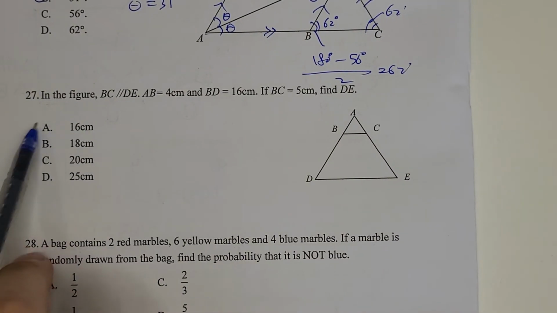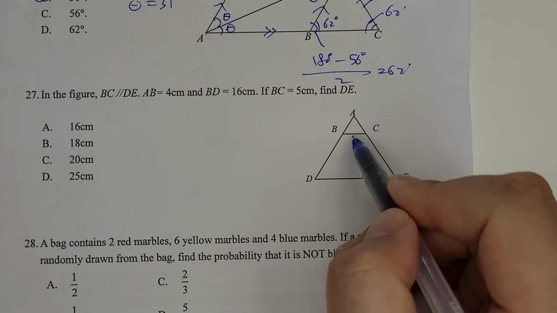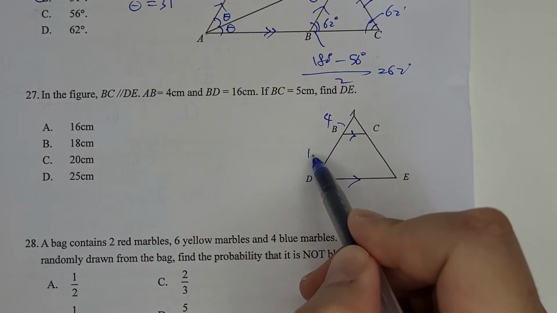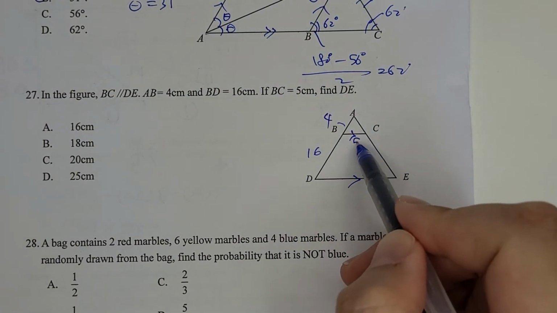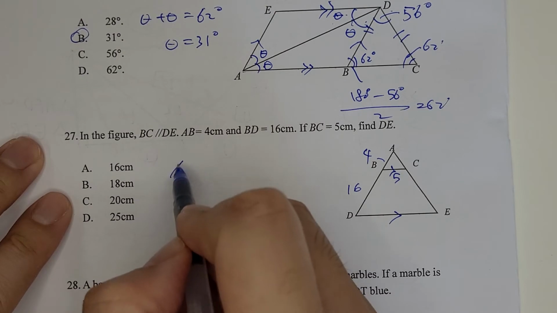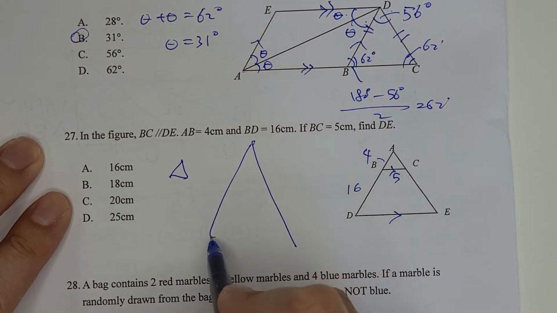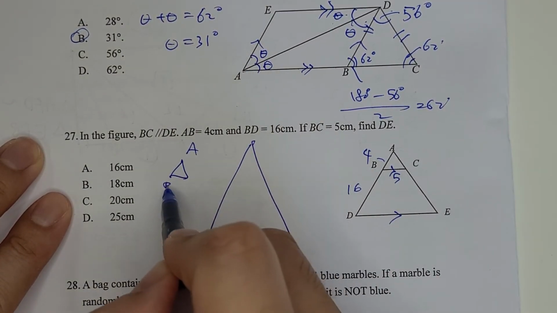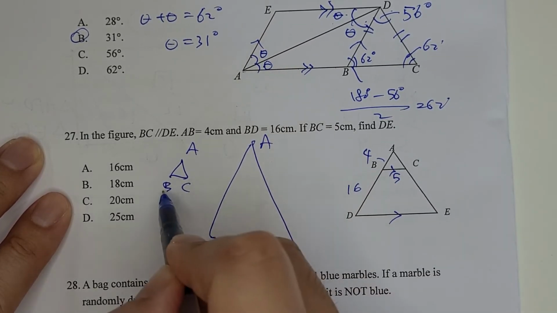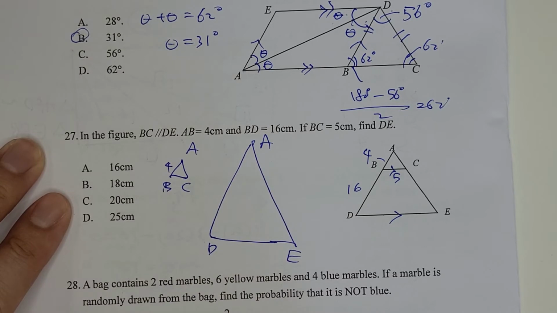In 27, in the figure, BC is parallel to DE, AB is 4, BD is 16, and BC is 5. Find DE. Now that's quite tricky. You need to draw these two similar triangles separately, ABC and then ADE. AB, that is 4. How about AD?